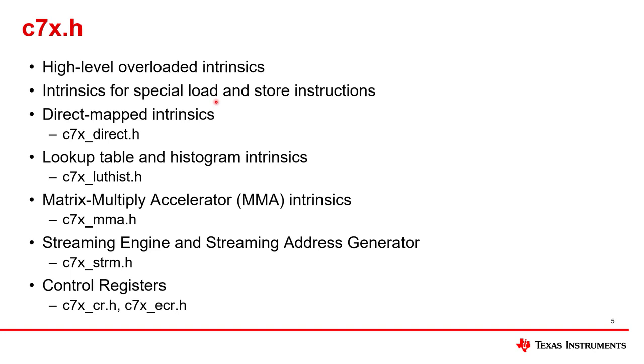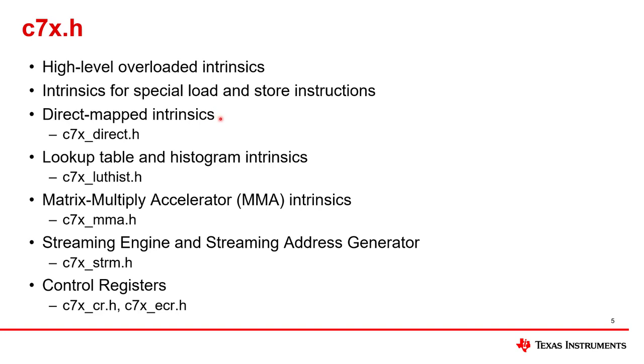The second one is intrinsics for special load and store instructions. The C7000 ISA supports several load and store operations that cannot be leveraged using simple C and C++ operators. Instead, an overloaded intrinsic is provided for those operations. The next one is direct mapped intrinsics.